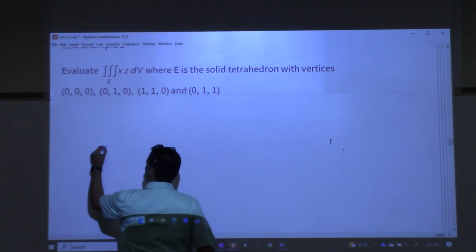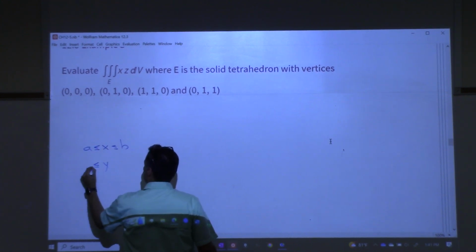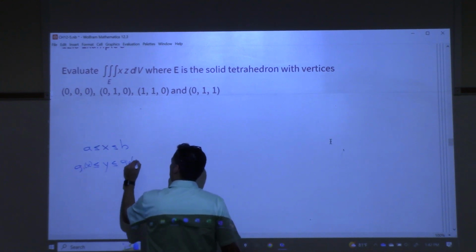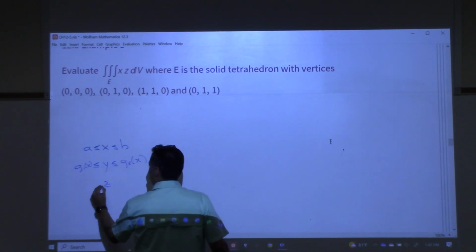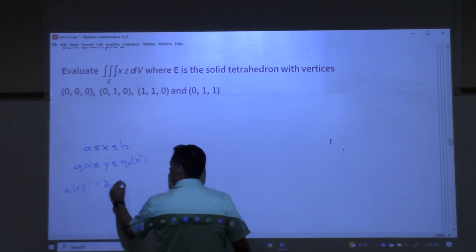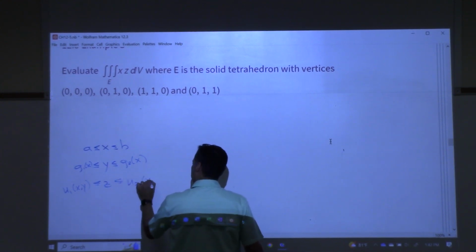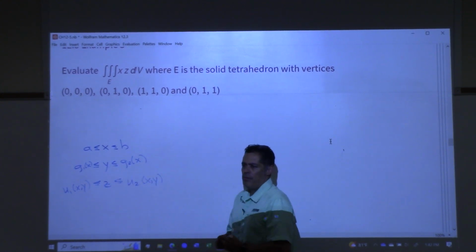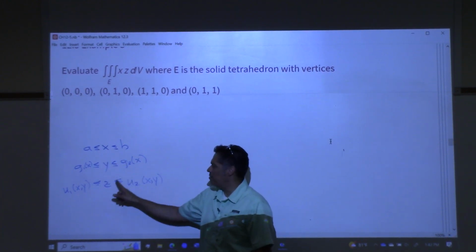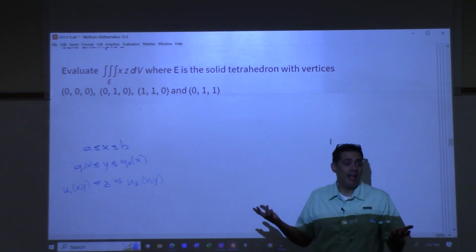We've had x between two constants, y between two functions of x, and z between two functions of x and y. We've also had y between two constants, x between two functions of y, and z between two functions of x and y. We can do this for any of the 3 variables.